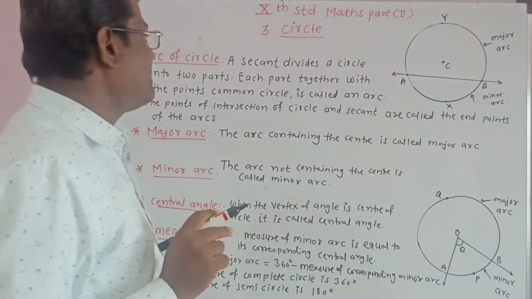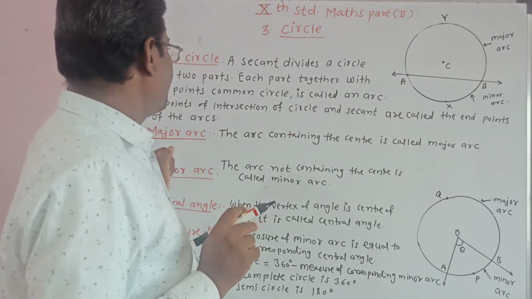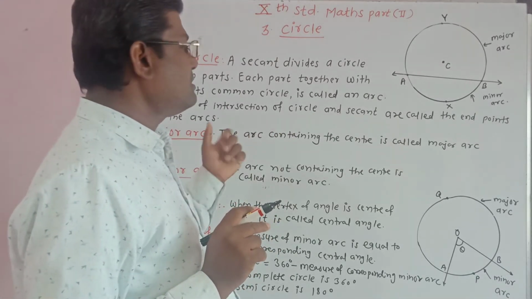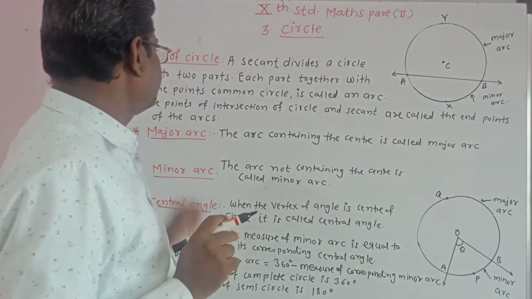So a secant divides the circle into two parts, and each part together with the points common with the circle is called an arc.